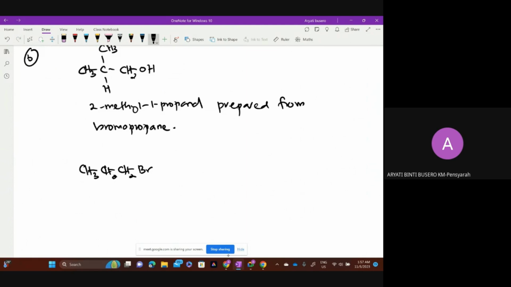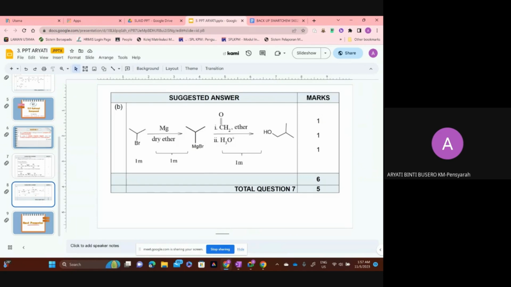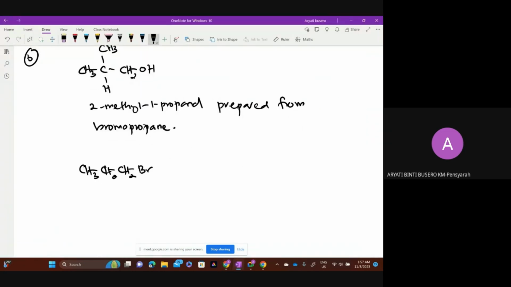Okay, so this is added with the Grignard reagent. For a suitable Grignard reagent, we must add magnesium in dry ether. So it becomes CH3, CH2, CH2, MgBr.